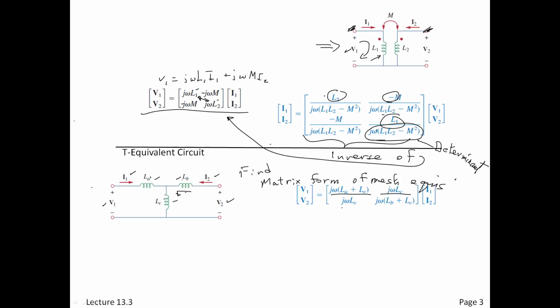Similarly, on the back side, I got j omega LC times I1, right? That's the contribution over here. This j omega I1 LC, right? Same way. And you can see that. So now if you compare terms, it is pretty easy.